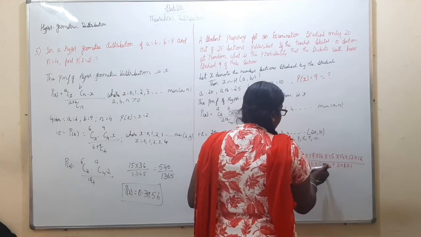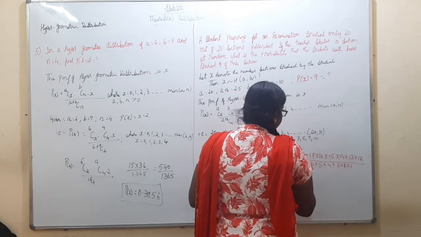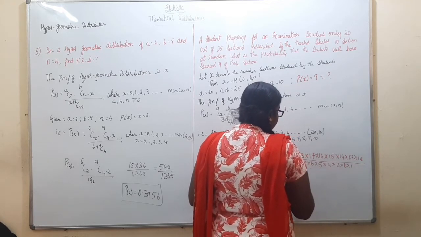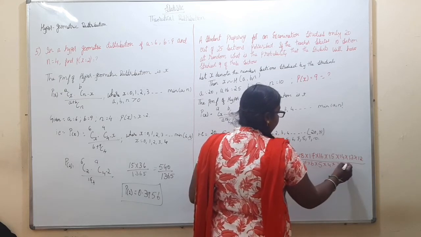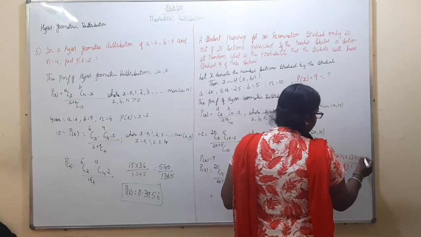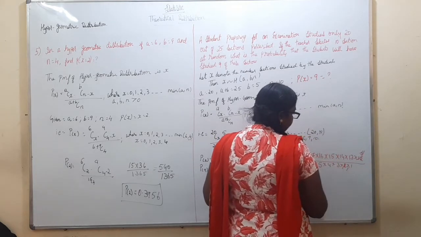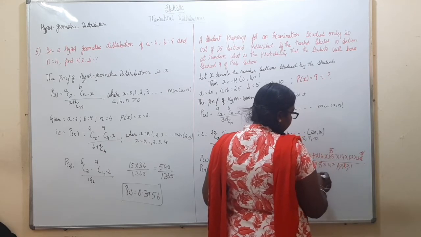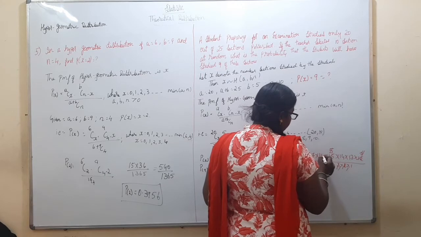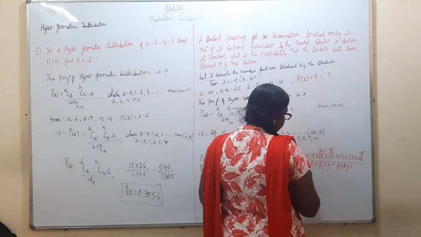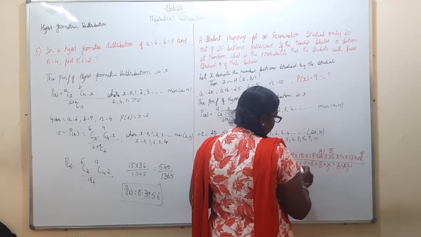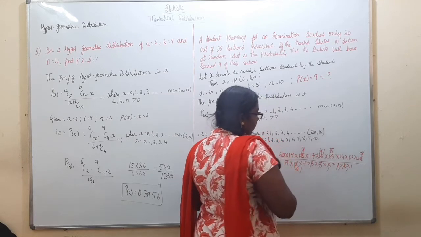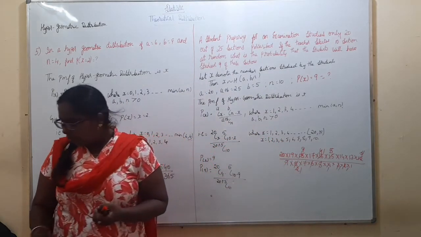So 1, 2, 3, 4, 5, 6, 7, 8, 9. This side also 1, 2, 3, 4, 5, 6, 7, 8, 9. So I will cancel like this. 6 and 6 will get cancelled. 5 and 5 get cancelled. 4, 2, and 9 and 9 will get cancelled. So I will be remaining with 7.